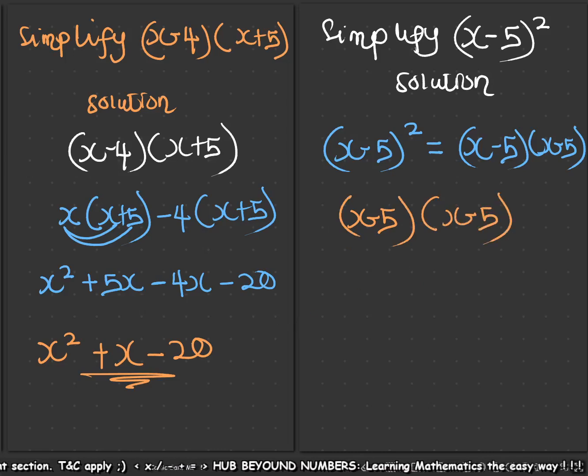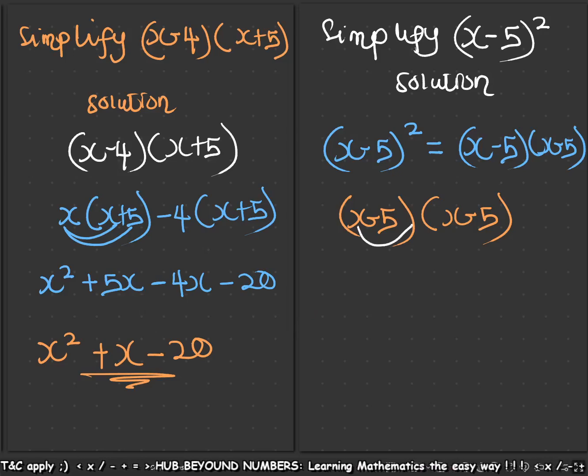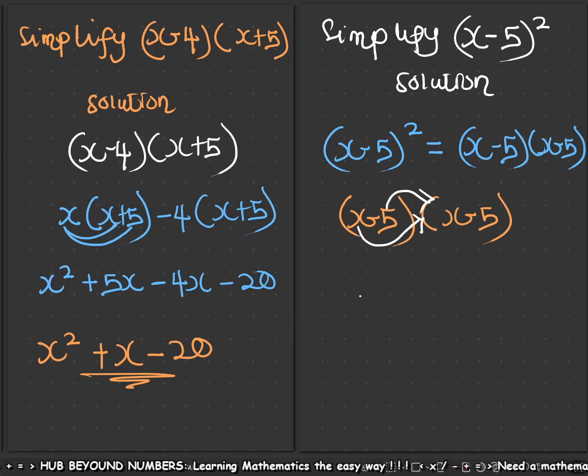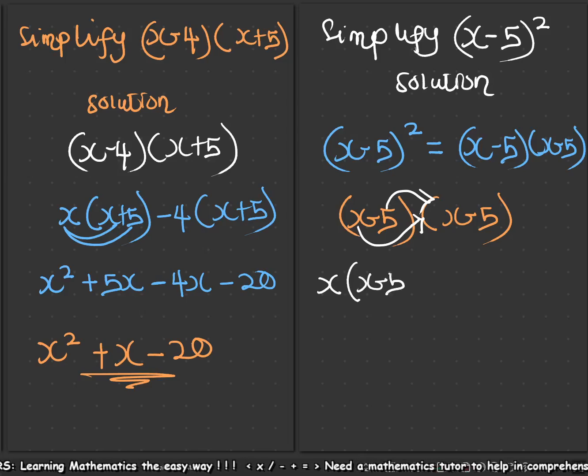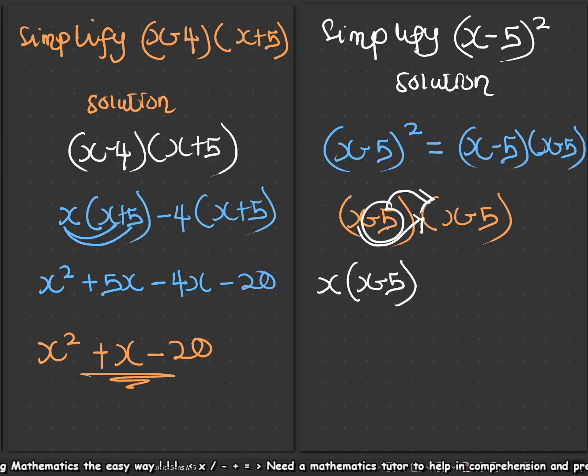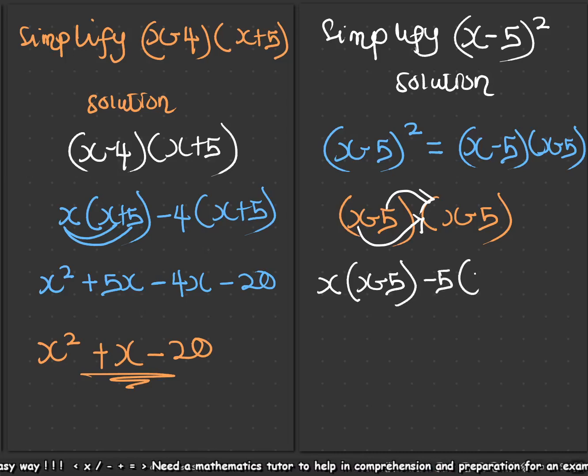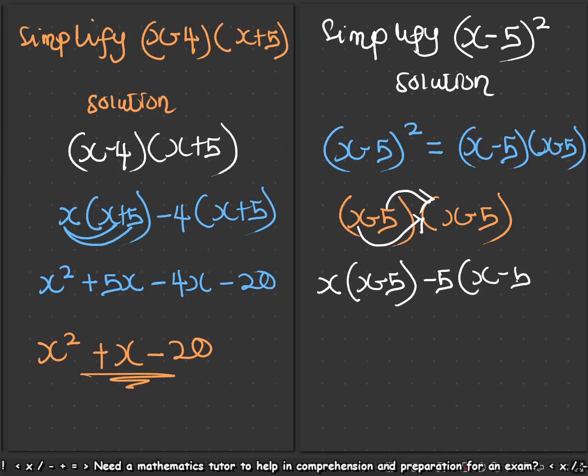Using our rule, x comes to multiply everything over here, so that's negative 5. So we are going to get an x multiplying your x minus 5. Then over here, you have your negative 5, which would multiply your x minus 5 as well.